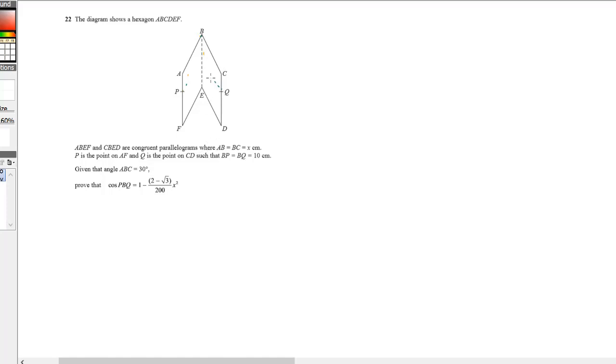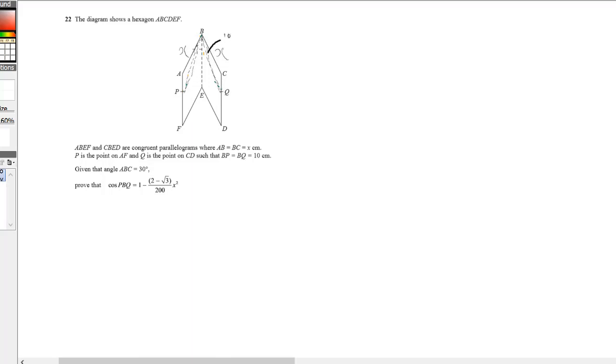Where AB and BC, so AB and CB, are equal to x, and point P is the point on AF, which is here, and Q is the point on CD, such that BP and BQ are equal to 10.